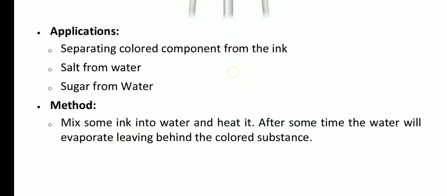Its method is to mix some ink into water and heat it. After some time, the water will evaporate, leaving behind the colored substance. Or when we heat a salt-water solution, then also we will be left with the residue of salt.